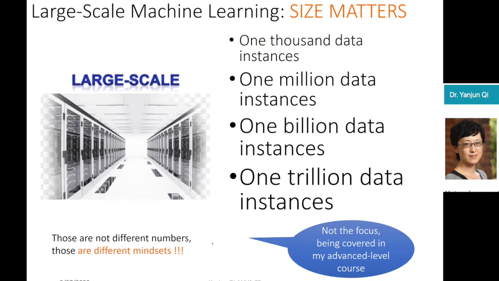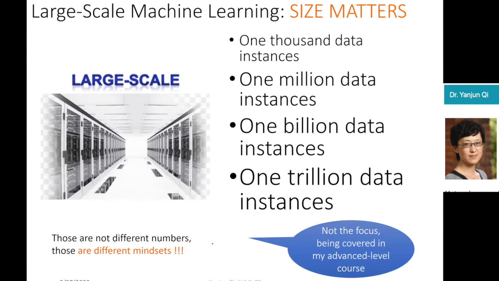You need to consider whether it is training data or testing data. There are different kinds of solutions. But when the size varies from thousands to millions to billions or even trillions, it really shifts the focus of the algorithm design to a different paradigm. It's a different mindset.